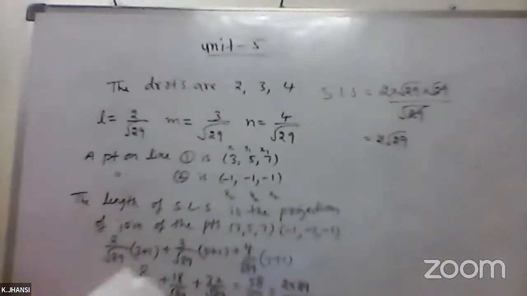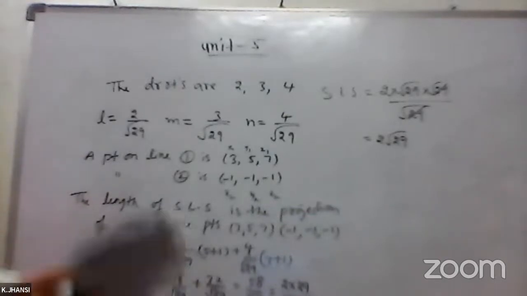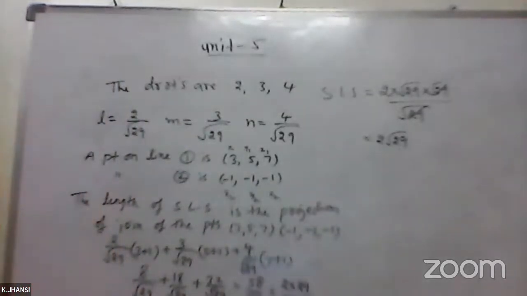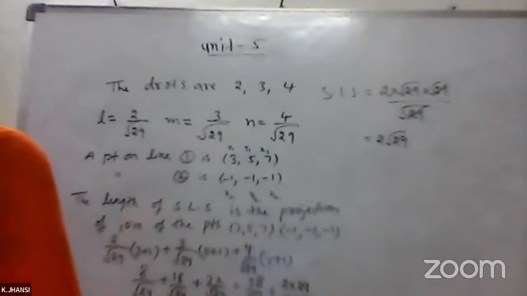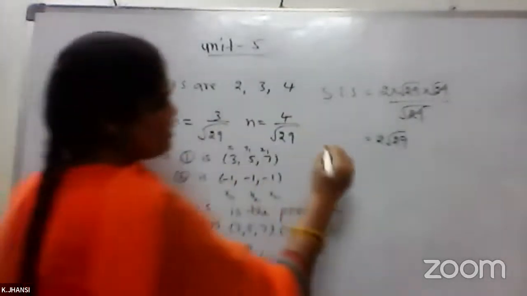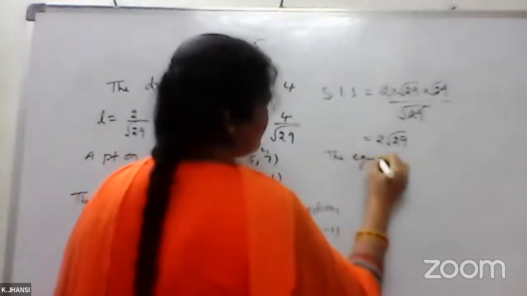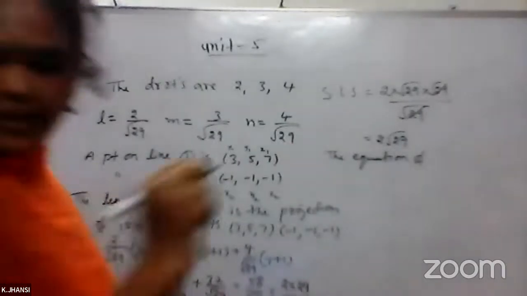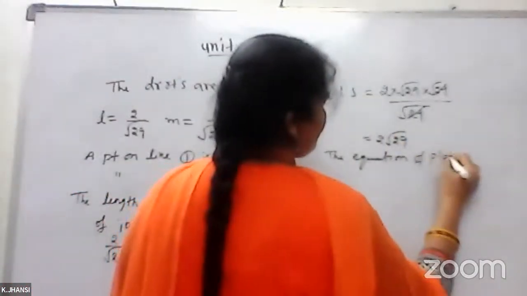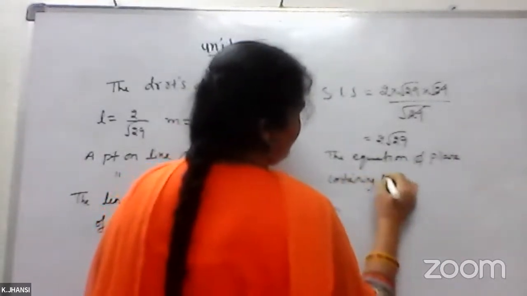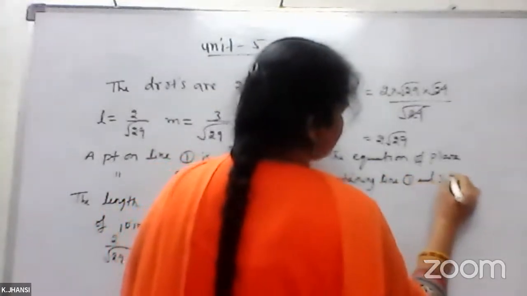So for the equations, first you write the equation of the plane containing line 1 and the shortest line segment.